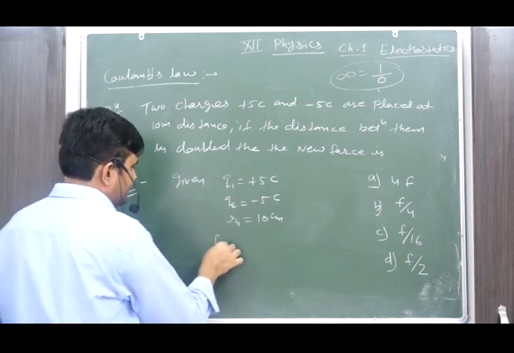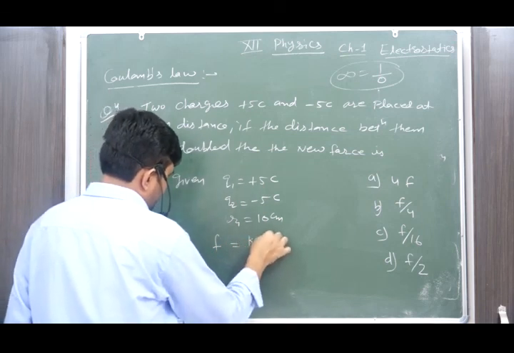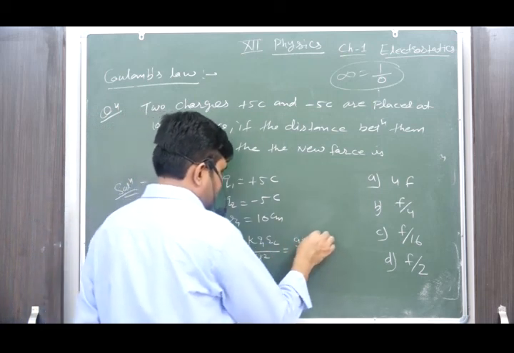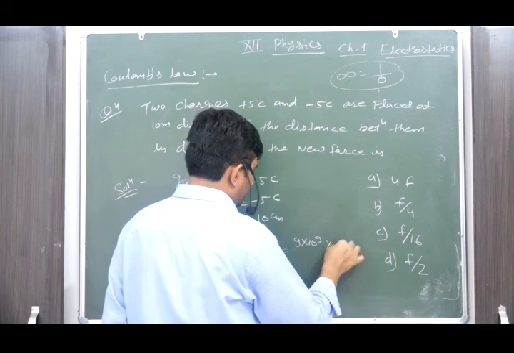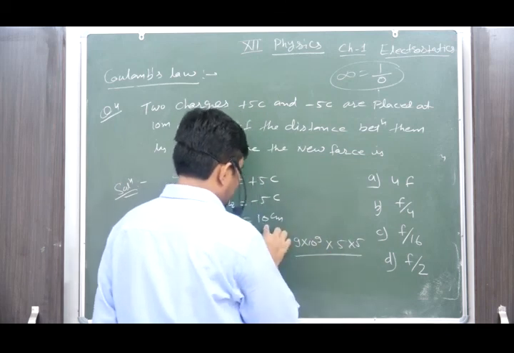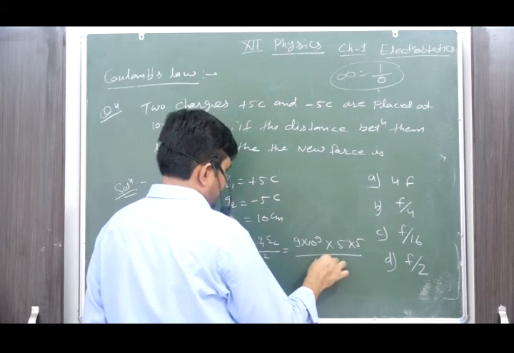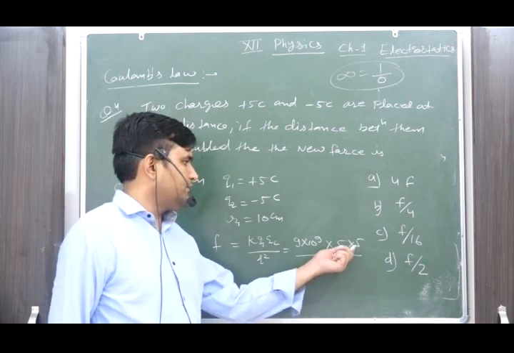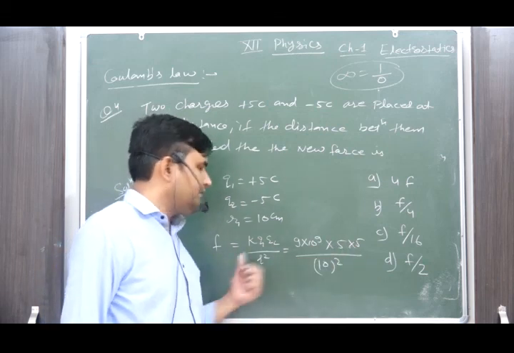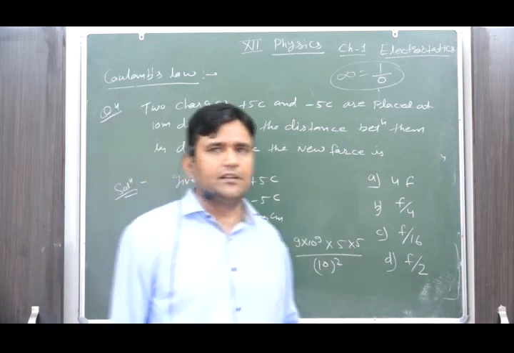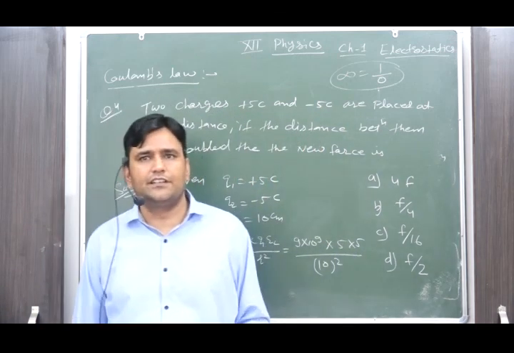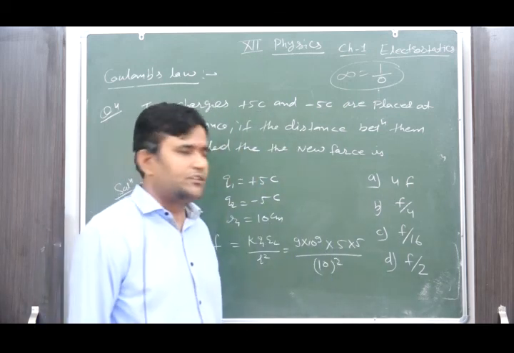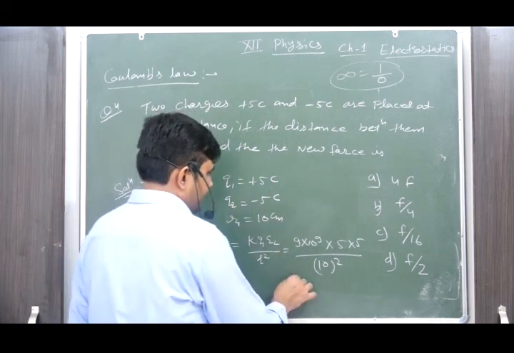If needed, we can calculate the force as K Q1 Q2 upon R square, with K equal to 9 into 10 to power 9, times 5 into 5, divided by 10 square. Here I am considering only the magnitude, because with the minus 5 the direction of the force would change. But directions are considered when we use the vector formulation of Coulomb's law. Here I am considering the basic formulation.